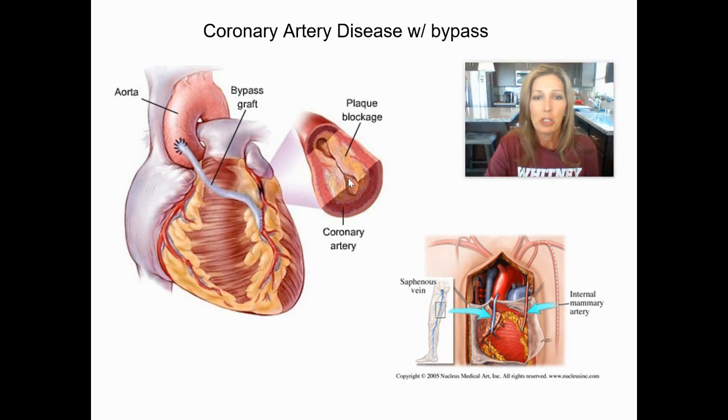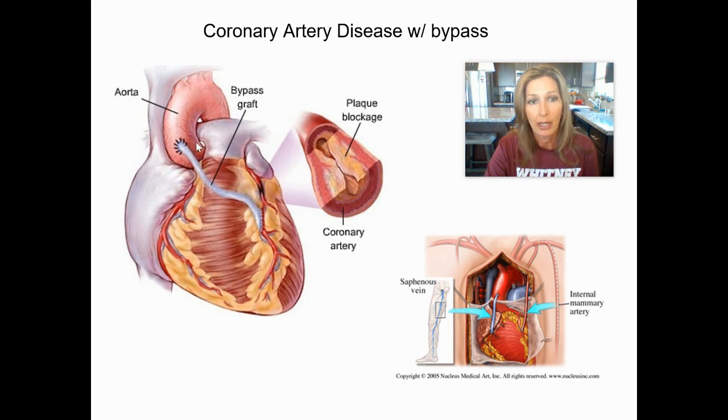When there's too much blockage and too much atherosclerosis in coronary arteries, and they're at high risk of heart attack and an angioplasty can't be done, this is when bypass surgery needs to occur. With a bypass surgery, when this blockage is too much and it's going to be too dangerous to try to open this up, what they'll do is take a blood vessel from your leg and literally create a bypass around the blockage.